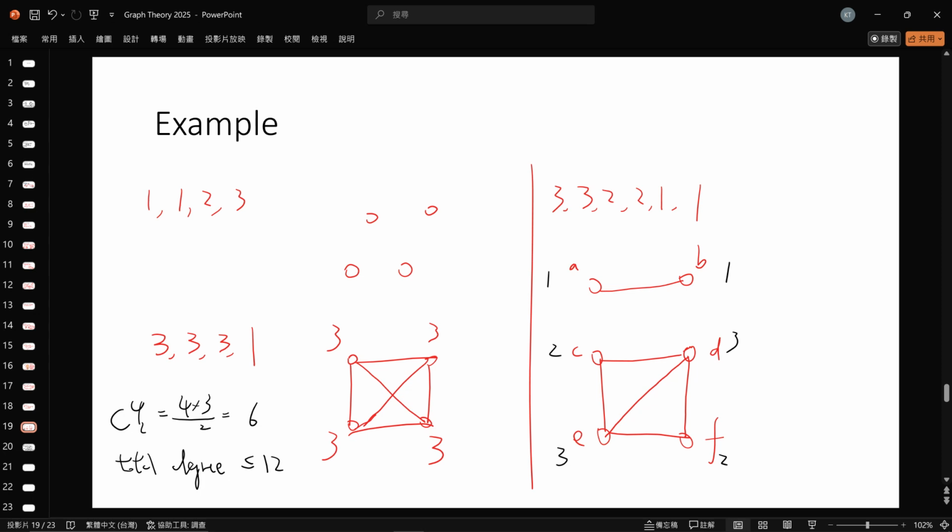But you're right, you can use this as a simple check to see whether it is graphical or not. But even if the total degree is less than 2 times n choose 2, it is still possible that the degree sequence is not graphical.